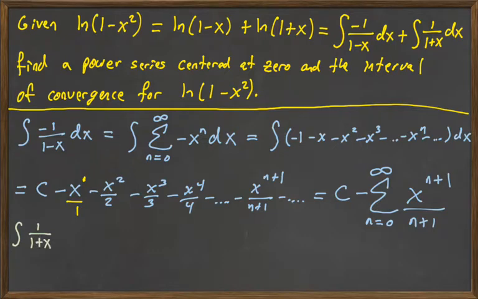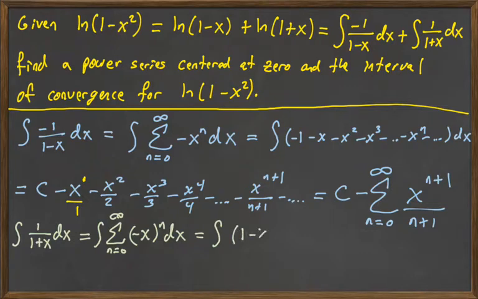So for this one, we'll write this as 1 over 1 minus negative x. So your a will be 1, and your r will be negative x. Okay. So that'll be sum n equals 0 to infinity negative x to the n dx, and so we'll write out some terms. So 1 minus x plus x squared minus x cubed plus dot dot dot negative x to the n plus etc. dx.